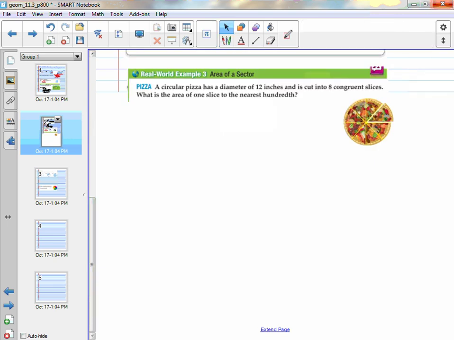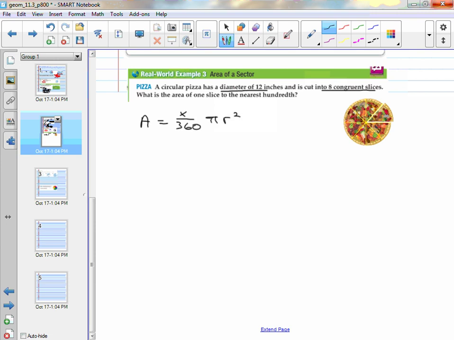Pizza. Circular pizza happens to have a diameter of 12 inches. It's cut into 8 congruent slices. One of you did it instead of me, so they're all congruent. What is the area of one slice to the nearest hundredth? Well, we know the formula is going to be x out of 360 times pi r squared.